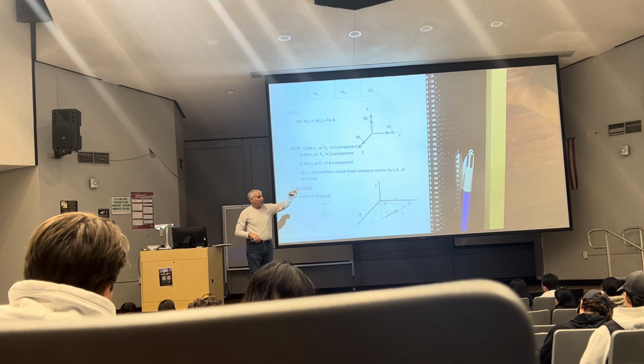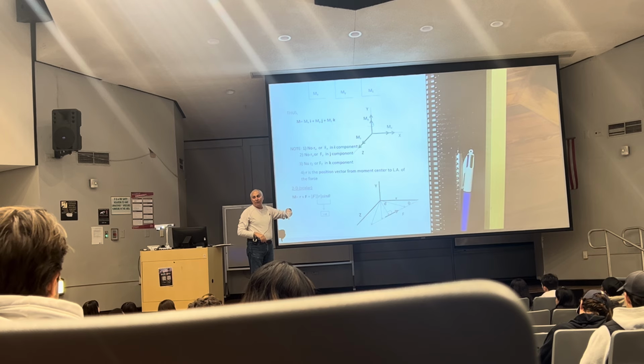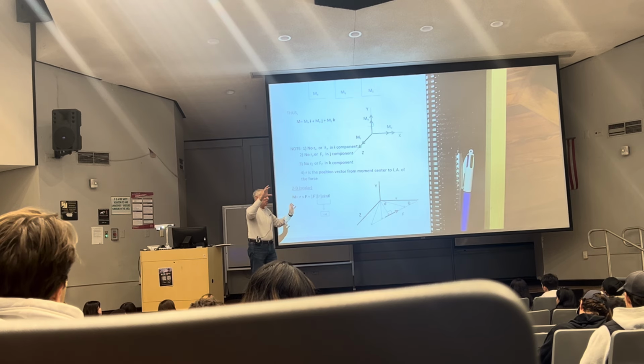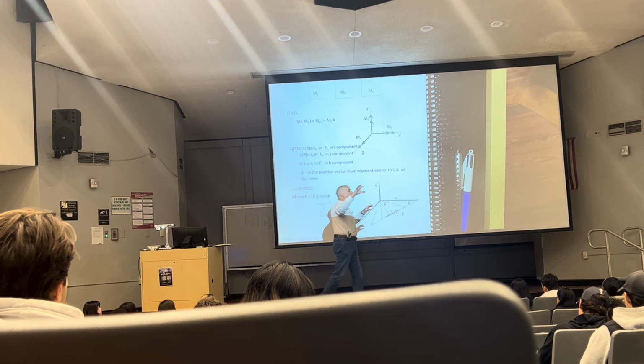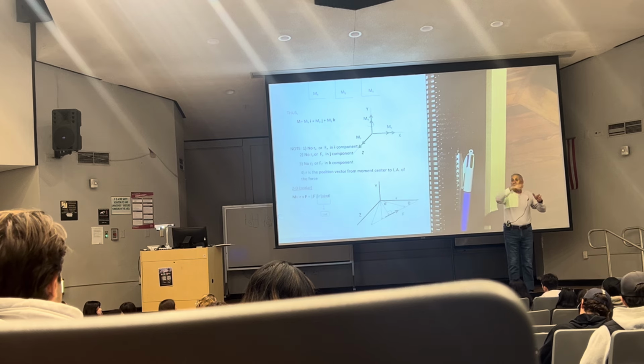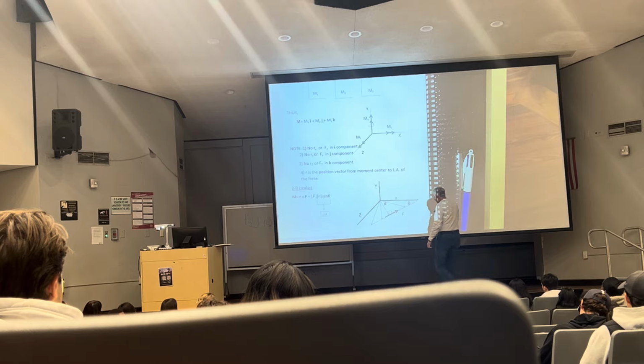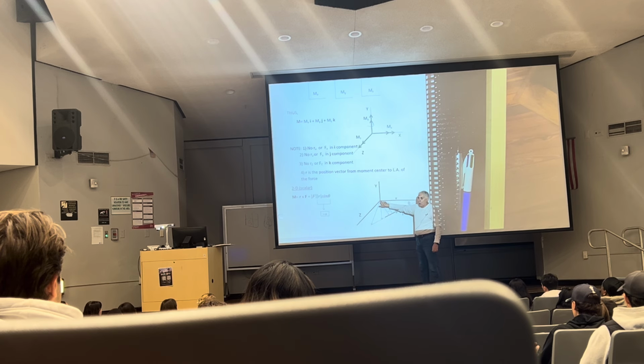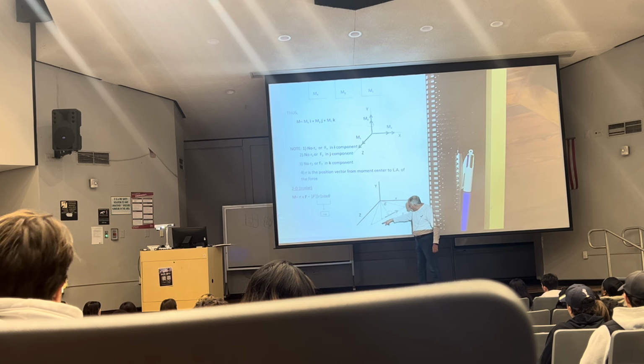Usually you go from the moment center to the tip of the vector or to the tail. Why? Because usually you know coordinates about the tip and the tail. But can I go anywhere in between? Absolutely. So I'm looking at this force here, and I say, I want you to find me the moment about the origin. Well, I can take any of these R's, any of them.